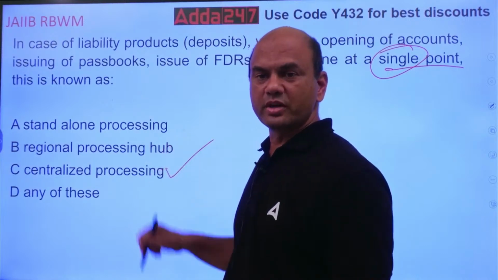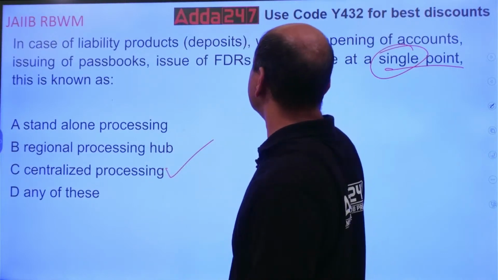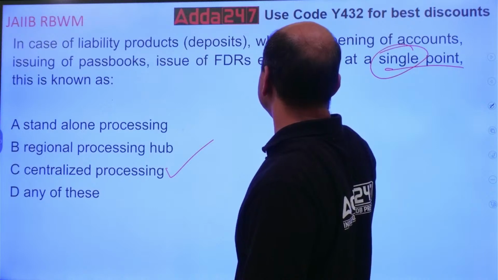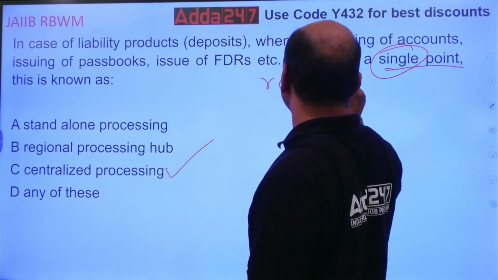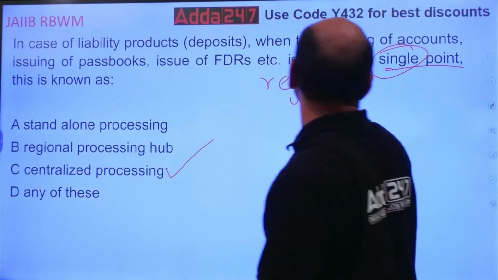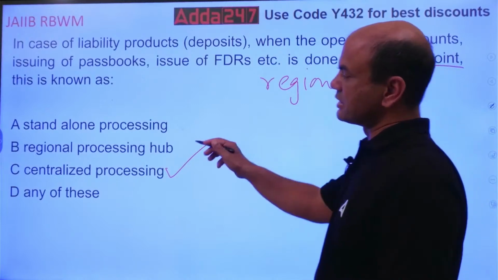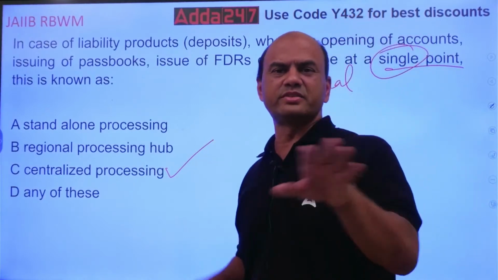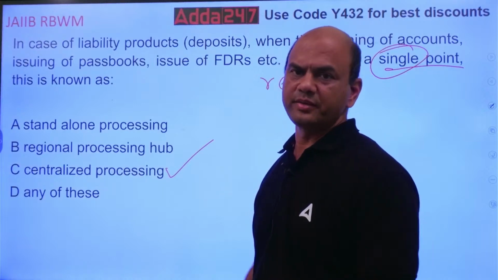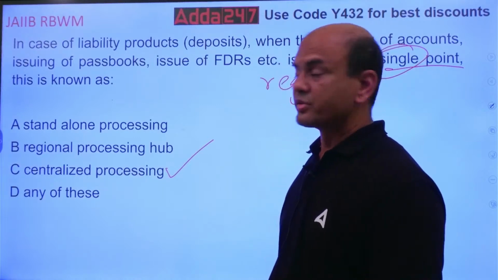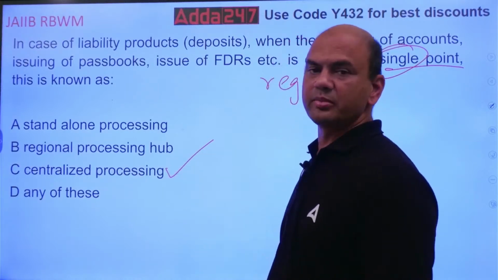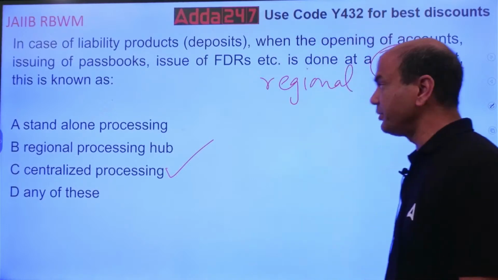If this question would have been, is done at regional points, then it is regional processing. East, west, north, south, various. So here it is given single point. Single point means centralized.